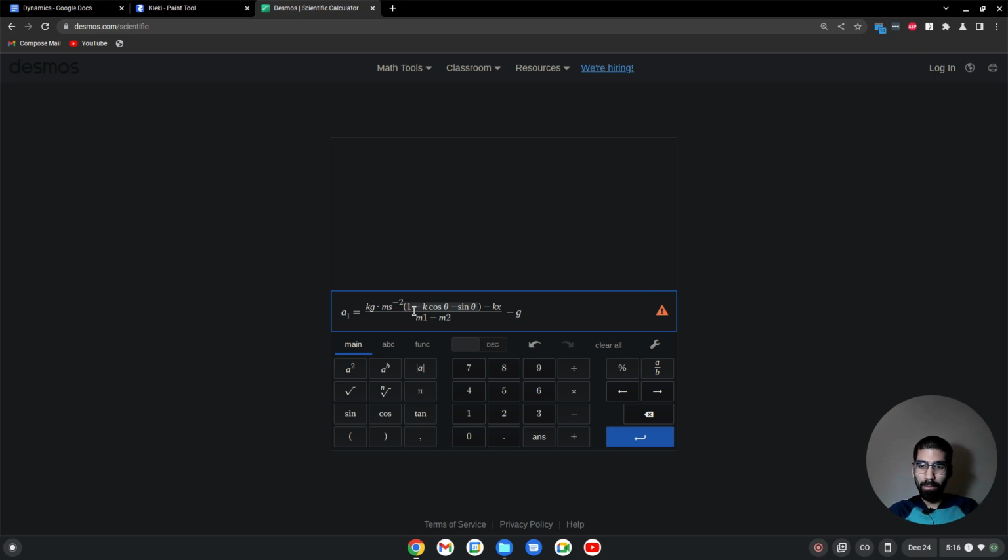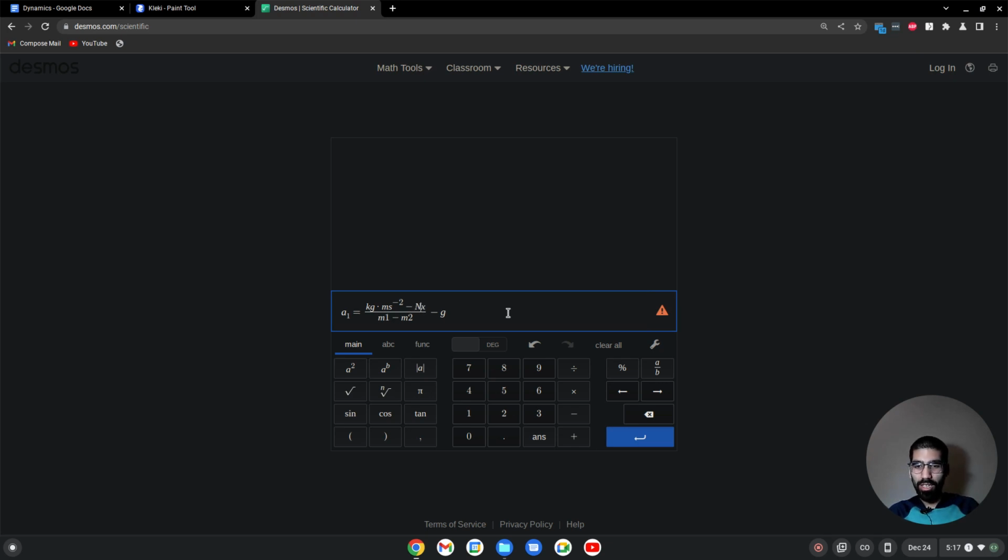Let's just check what we did here. This shouldn't be k, it should be mu k. There we are. Okay, it won't let me type mu k, so like mu k, whatever. So this is a unitless number. All of this is unitless numbers, so we don't need to worry about this for dimensional analysis.